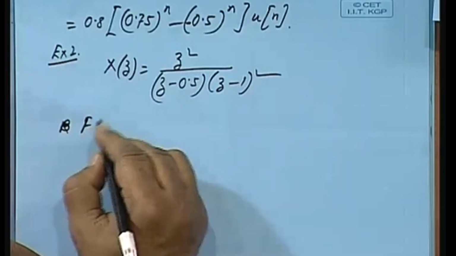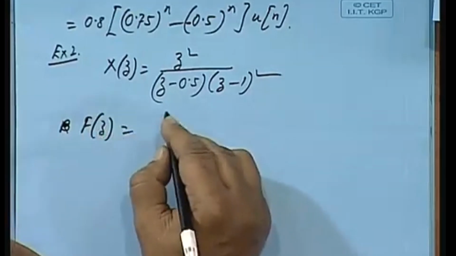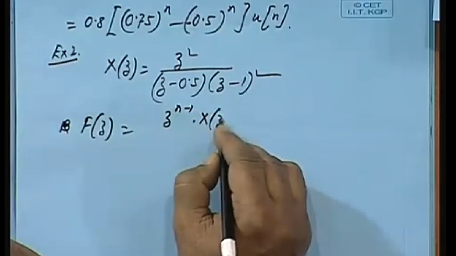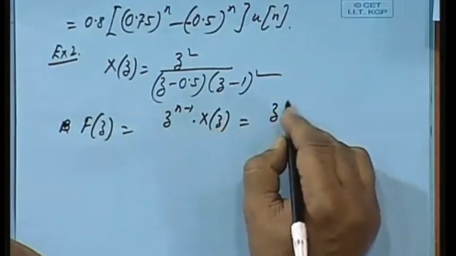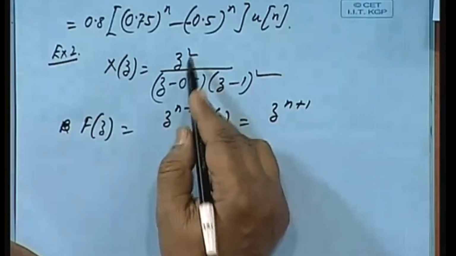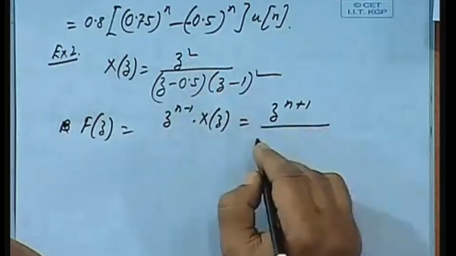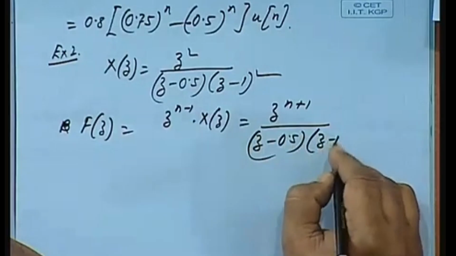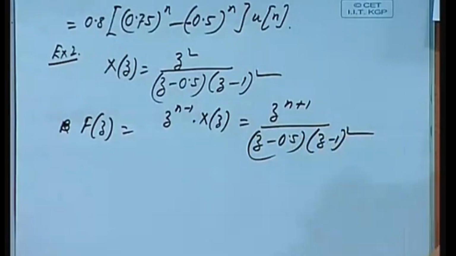Before that, let me compute f(z), which will be z to the power n minus 1 into X(z), which will be z to the power n plus 1 by (z minus 0.5)(z minus 1) whole squared. All right.